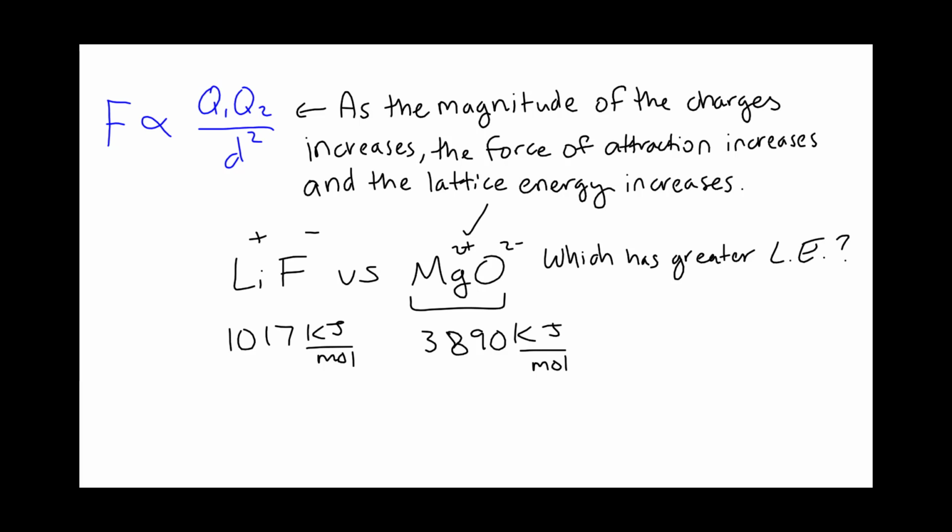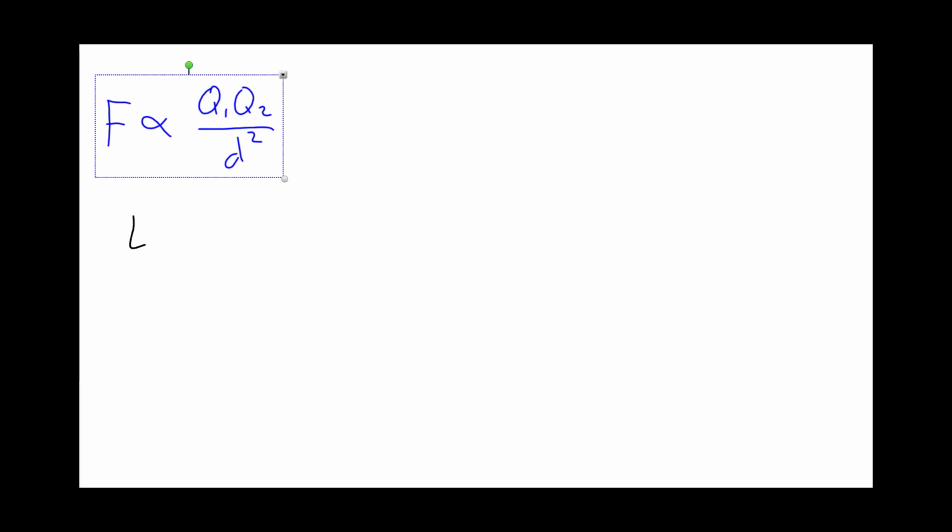All right, let's see what if instead of the charges being different, the distances are different. So let's compare, and if you're following along, I'm on page 329 doing the example right in the middle of the page. Let's compare lithium iodide versus sodium iodide versus potassium iodide.